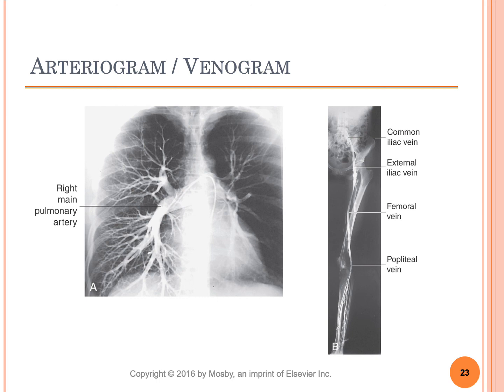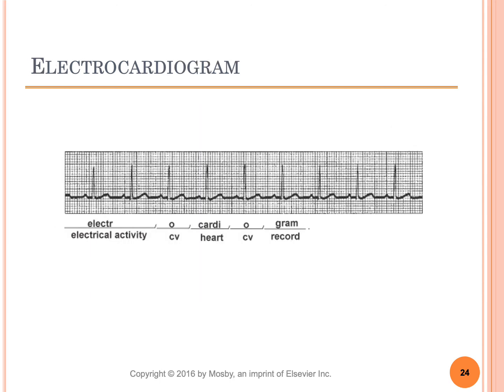All right. But you can see how these look white on the x-ray, and that's because of the contrast dye. It gets injected, and then it allows us to be able to see these vessels. And then here is an image of an electrocardiogram. Remember, that's the recording of the heart using sound.